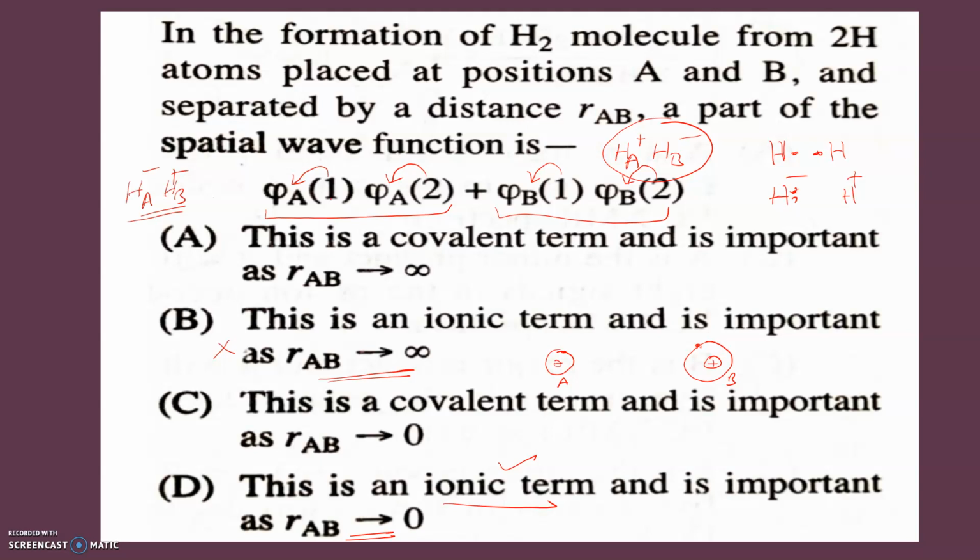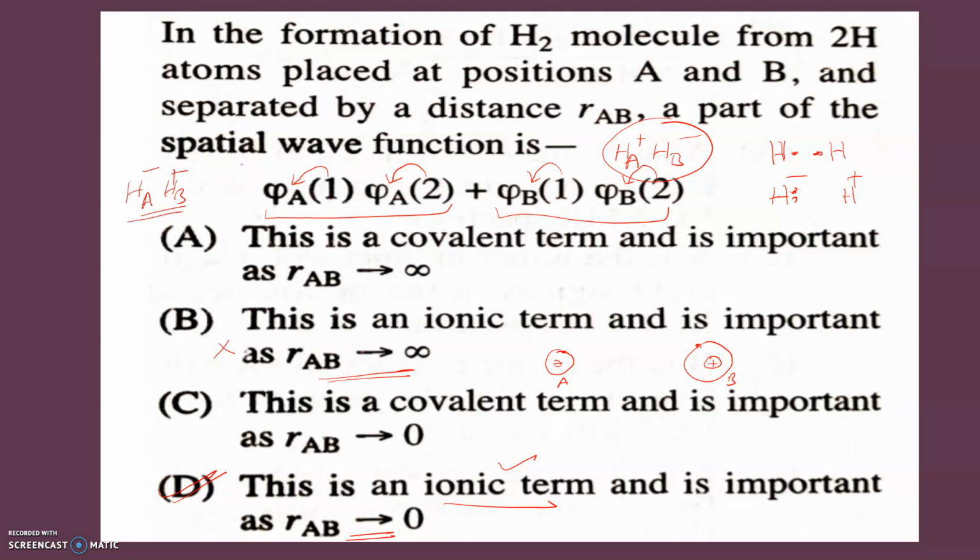So this part of the wave function gives you an ionic part, and it is important when the distance between A and B approaches 0. So the correct option for this question is option D. By simple analysis of the given function, we can easily identify whether it is covalent or ionic.